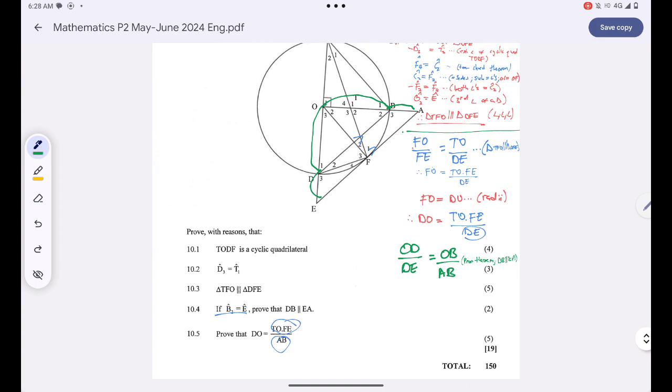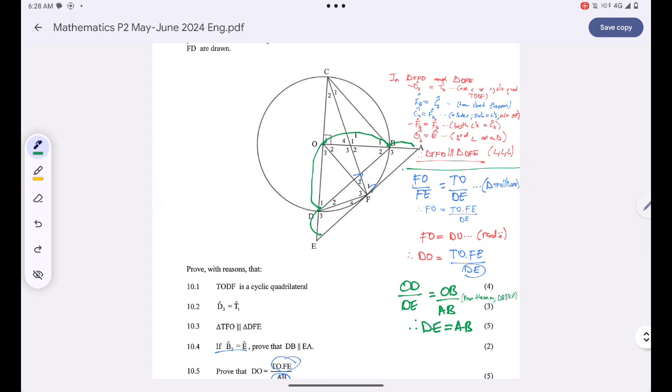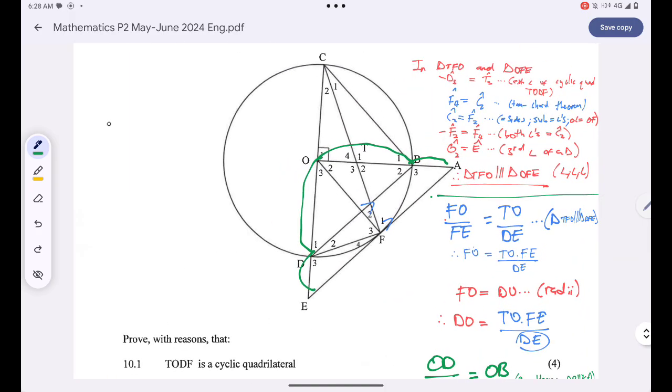Okay. Over here, guys, I can simply conclude that DE is equal to AB. How? You may ask yourself, how? You know why? If ever you have 2 over X equal to 2 over Y, remember that this statement simply says the left-hand side is equal to the right-hand side. Are you together?